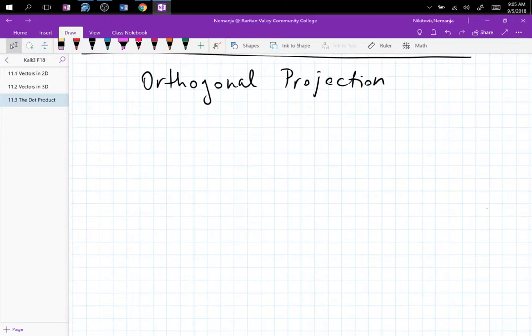Orthogonal projection. This is important because of physics. We want to find the component of the force which does the work.